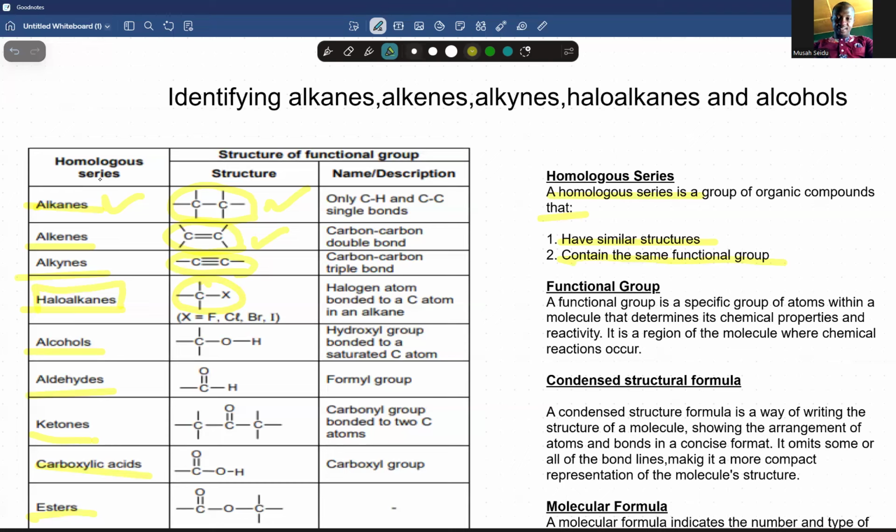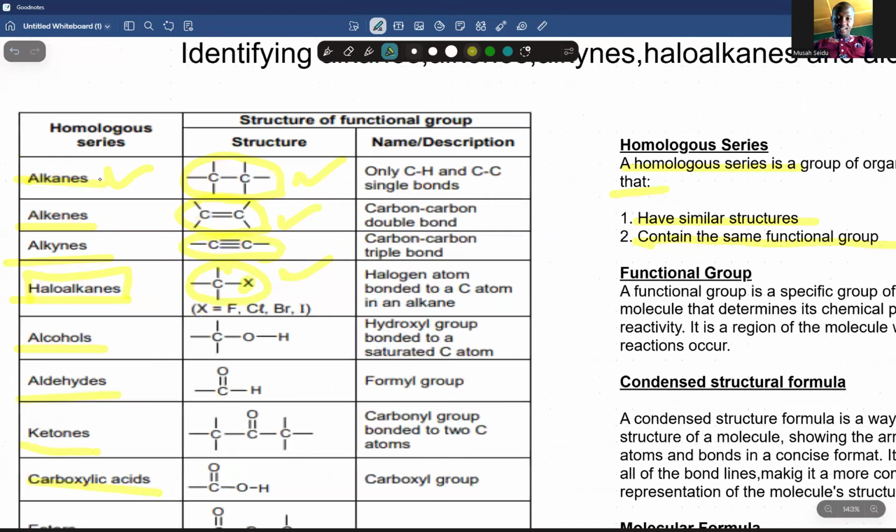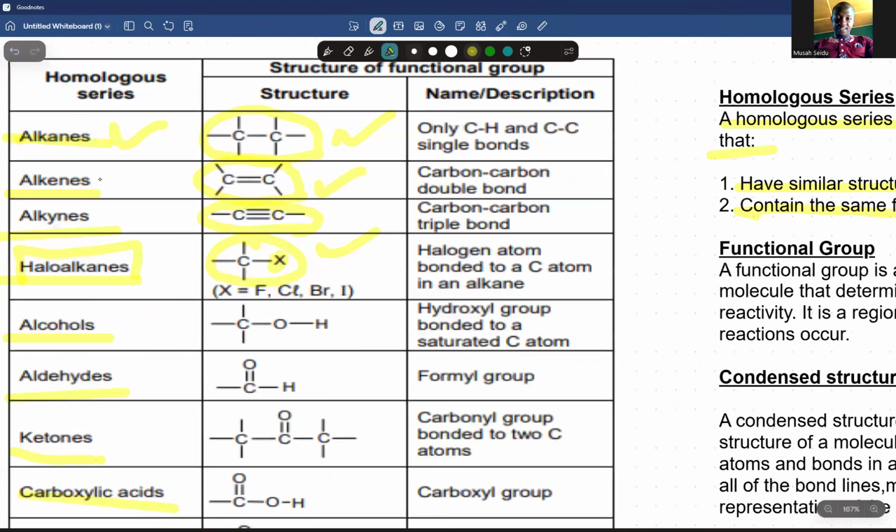The structure of the functional group of a haloalkane is a carbon single bonded to any of the halogens. The X here stands for any of the halogens. The halogens can be fluorine, chlorine, bromine, and iodine.